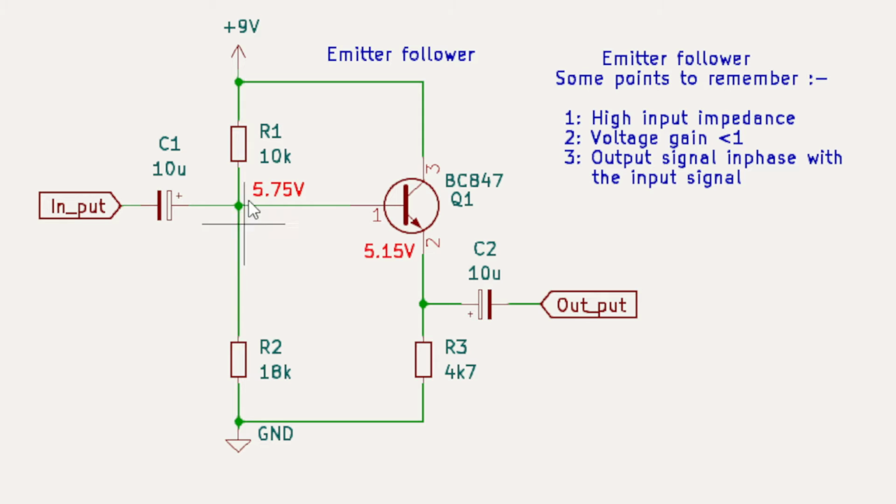Well, we need to be able to control and bootstrap the input to the base. So what we want to do is break this connection and break this connection. So what we're going to do now is take the input directly to the base, and then we're going to bring another bias resistor in.